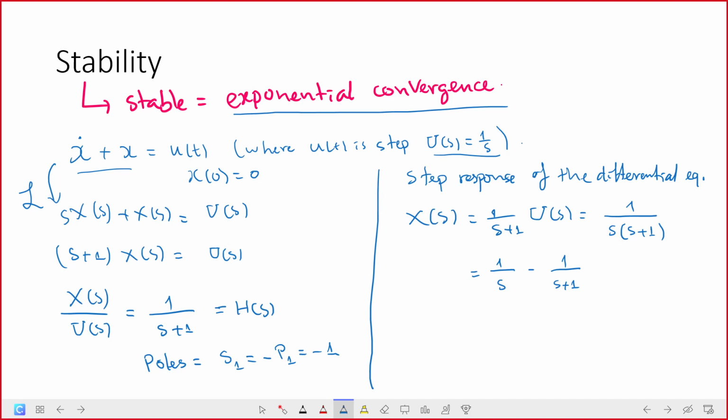Using the inverse Laplace transform, we have h of t equal to 1 minus e to the minus t. If I say s plus p for the pole, then p would go in the exponent. Now you can see the relationship between poles and exponential convergence.